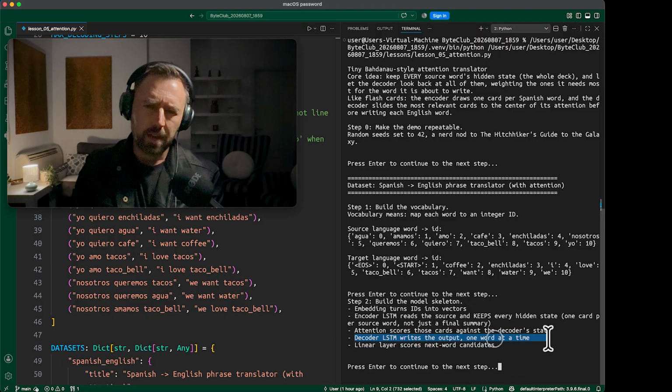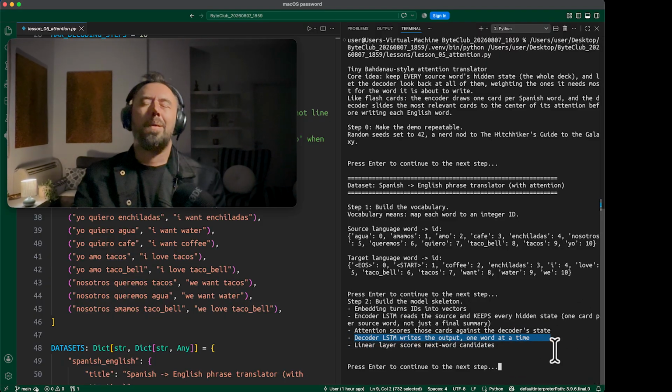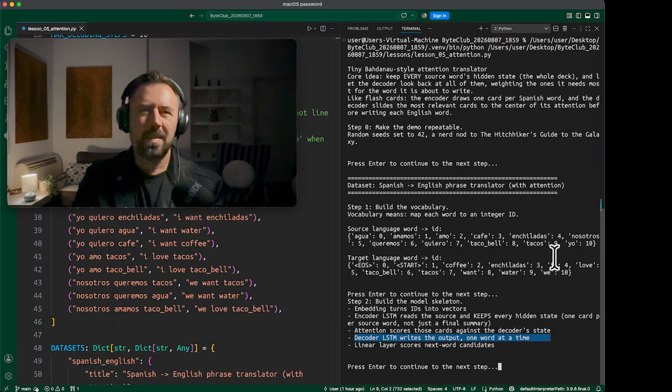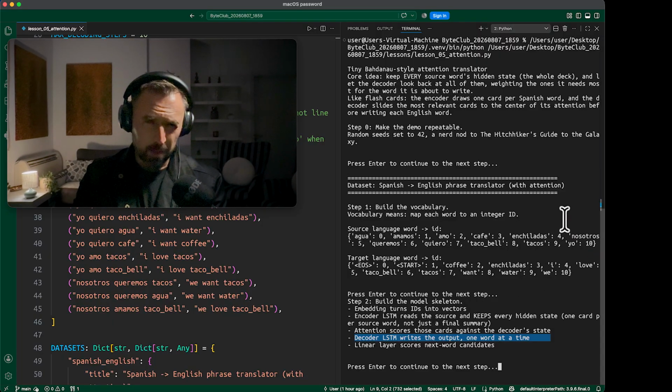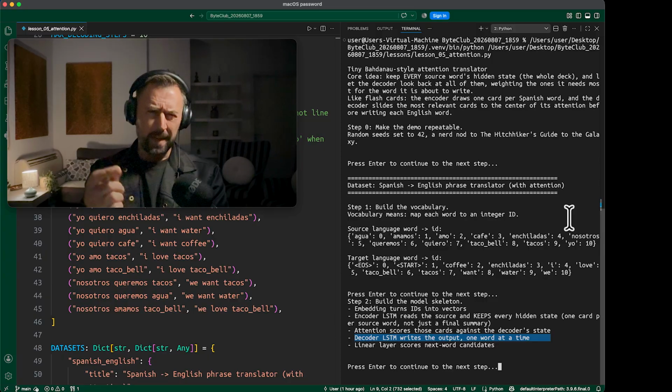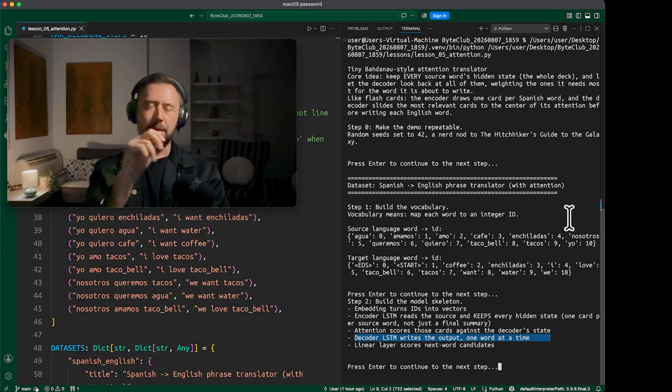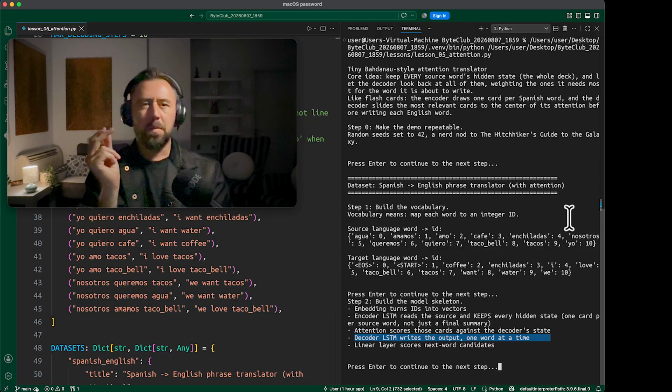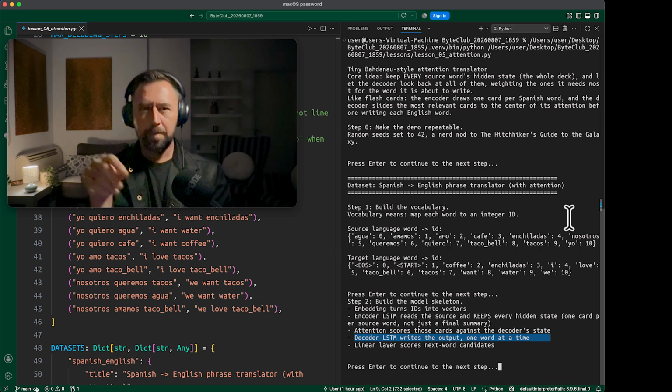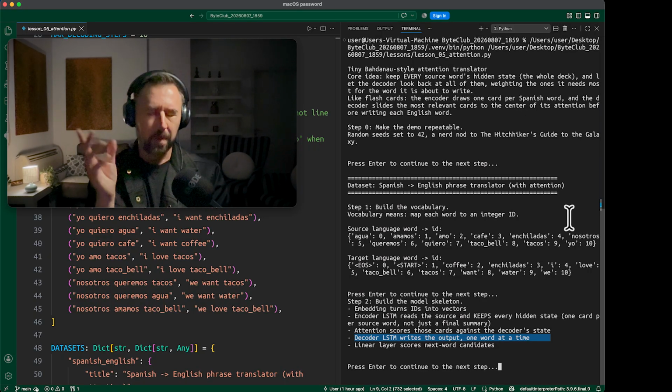Decoder LSTM writes the output one word at a time. So if you remember from the last lessons, we had what was called long short-term memory. That's what they mean by LSTM here. And the idea was that it was like a final state that they kept updating with each word, with each part of the coffee order, right?